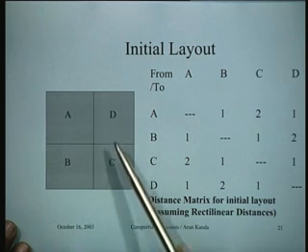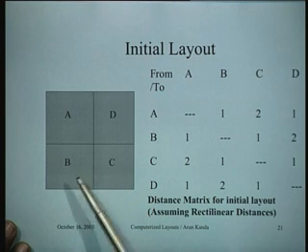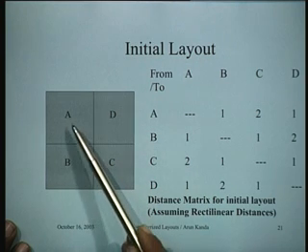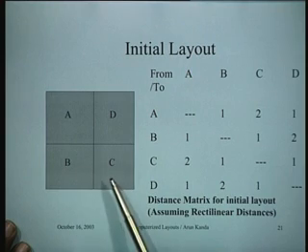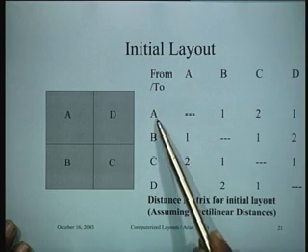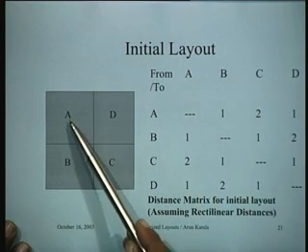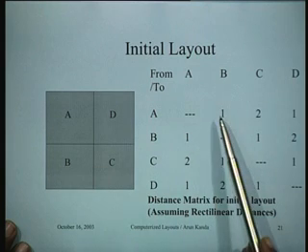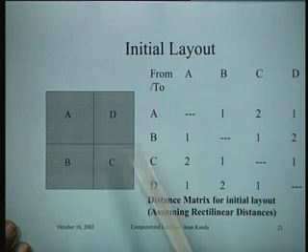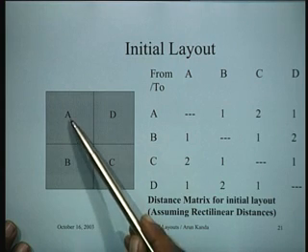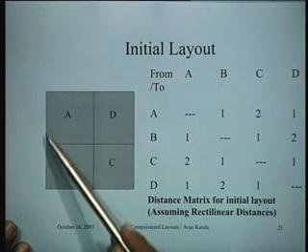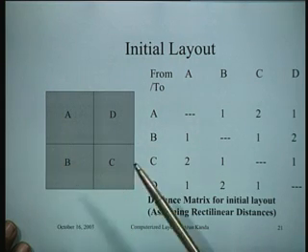And for this particular layout, you can easily determine the distances between the various pairs of departments. For instance, if I go from A to B, I have to travel a distance of 1 unit. We are measuring distances between the centroids of the departments, and we are assuming that the side of each of these squares is 1 unit.